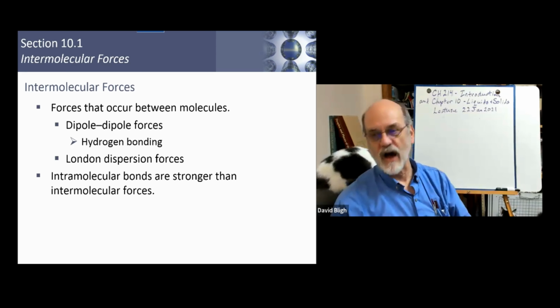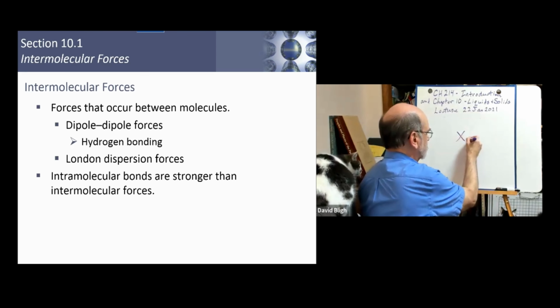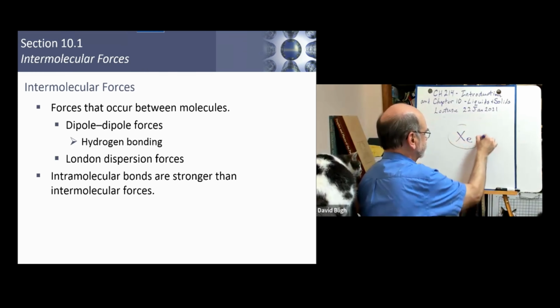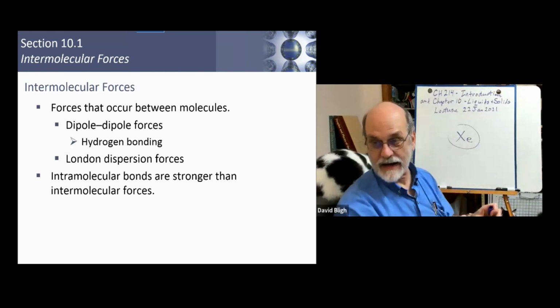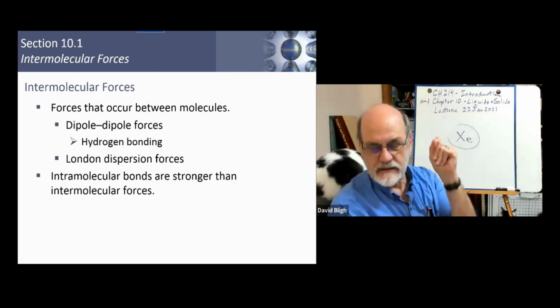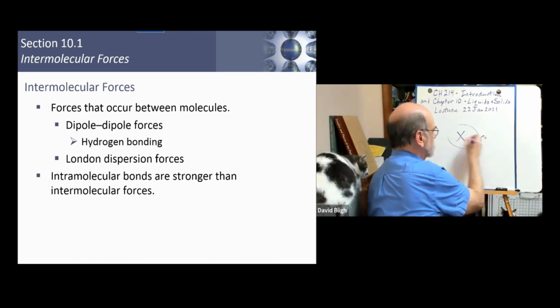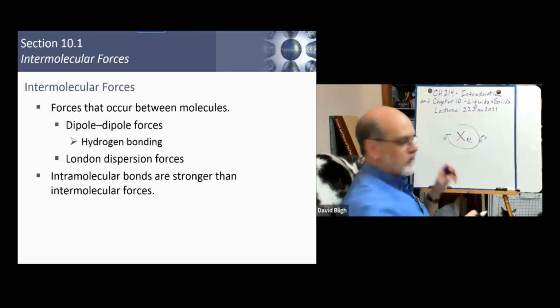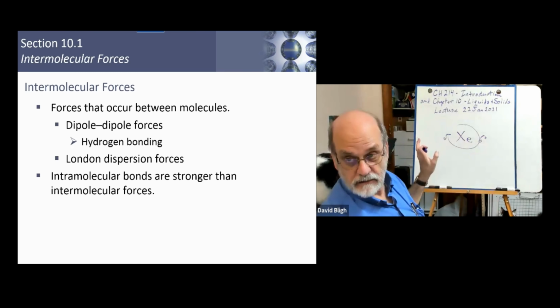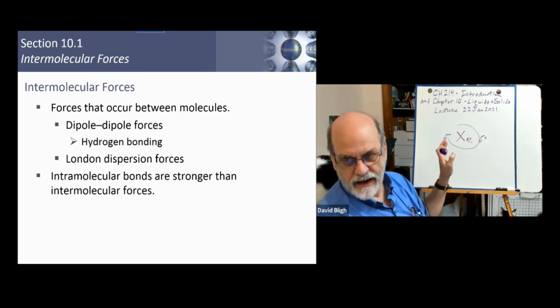So let's say xenon, for instance. Okay, there's your xenon atom. So what happens? Well, for a very instant, you get a redistribution of electron density to one side of the xenon atom. What does that do in terms of the other xenon atoms?